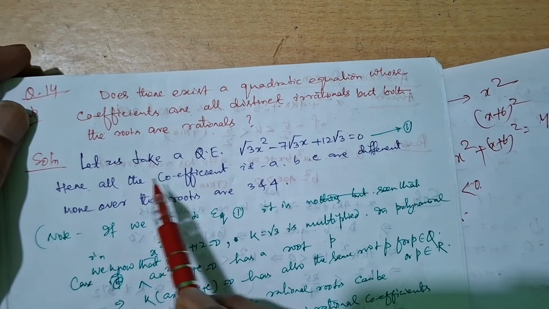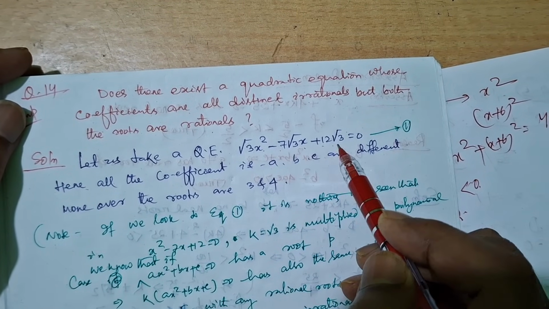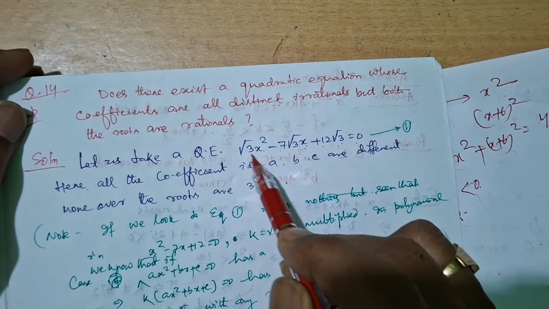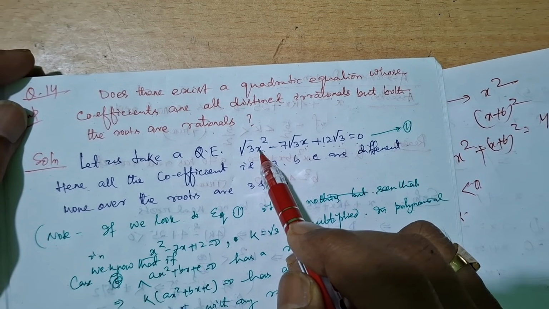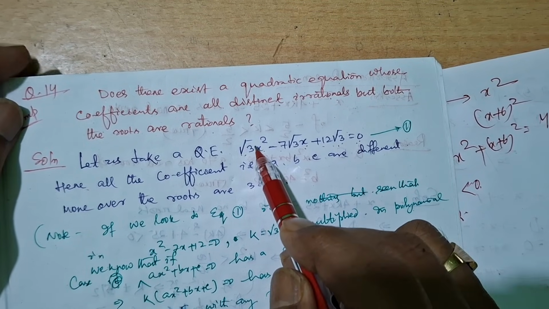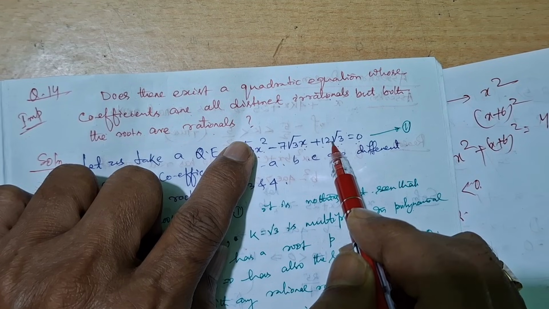Let us take a quadratic equation root 3x square minus 7 root 3x plus 12 root 3 is equal to 0. Everywhere there is root 3. Since it is 0, you may take root 3 common, then it will be x square minus 7x plus 12.